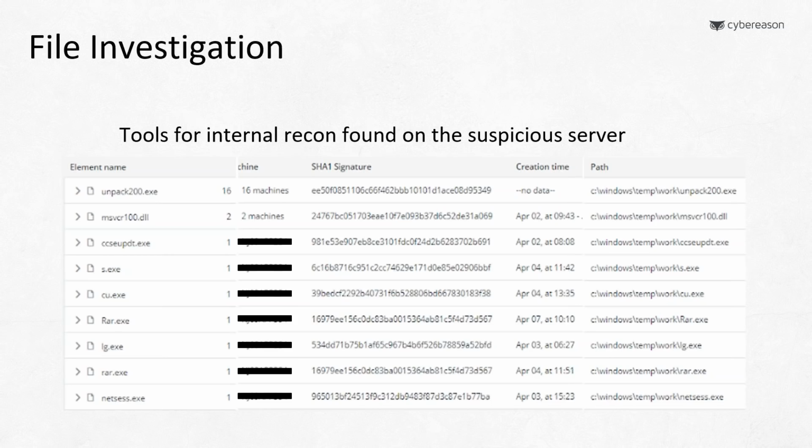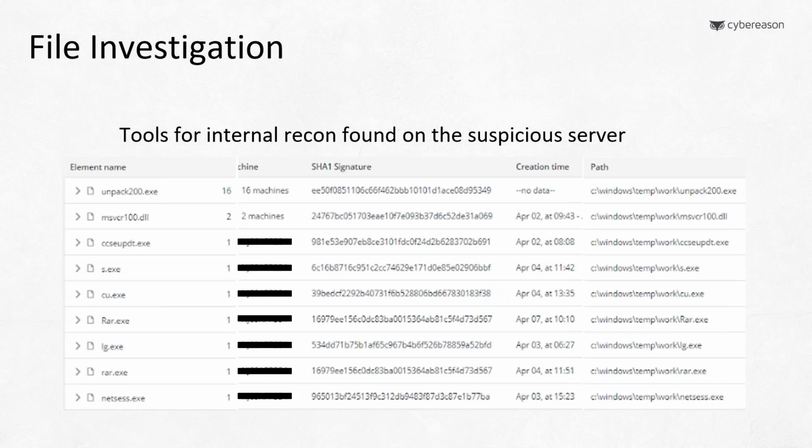Continuing into the investigation of this specific server, we had to look at the folder that you've seen repeatedly throughout the attack, the C Windows temp/work. And there we found a bunch of executables. Some of them were named to look legitimate. Some of them were not.